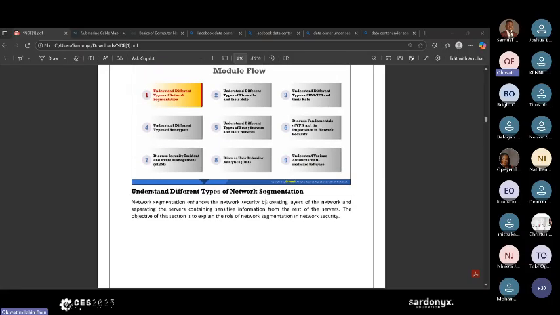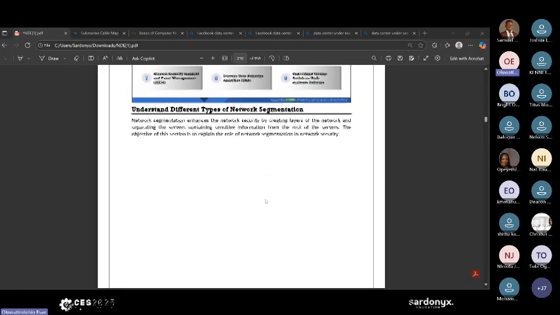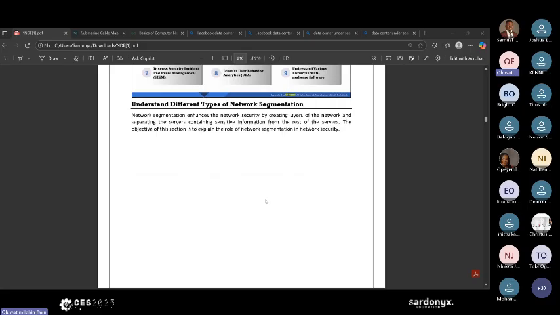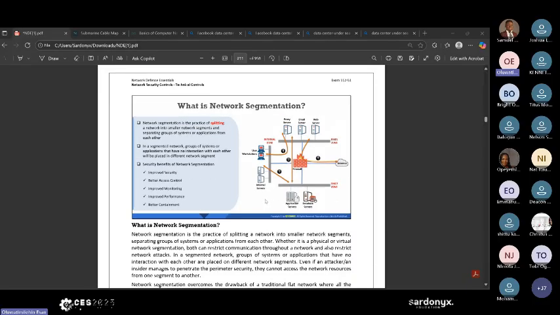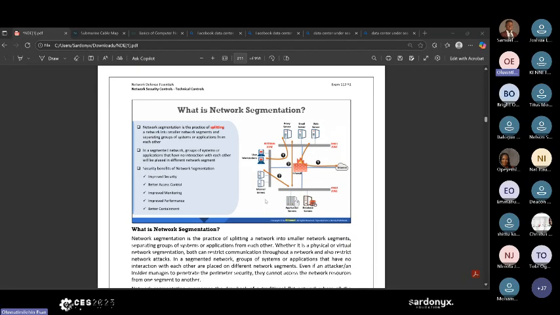So let's start with network segmentation. Network segmentation enhances network security by creating layers of the network and separating the servers containing sensitive information from the rest of the servers. Segmentation is very important. In fact, it's one of the baseline, one of the most important things you need to do regarding security.